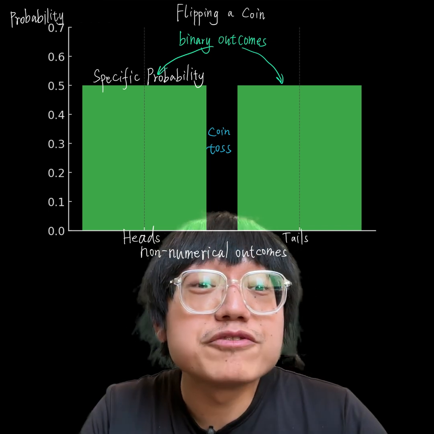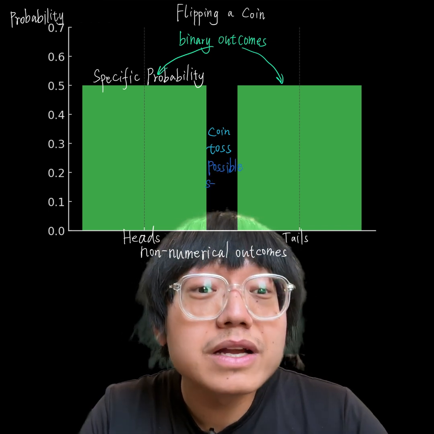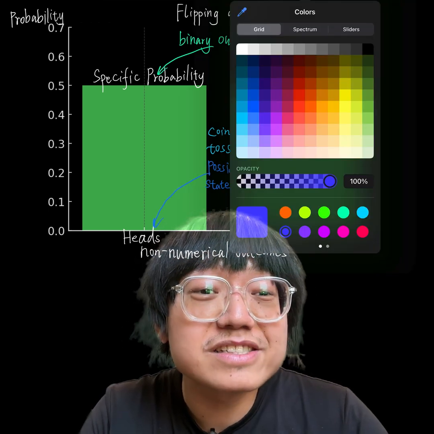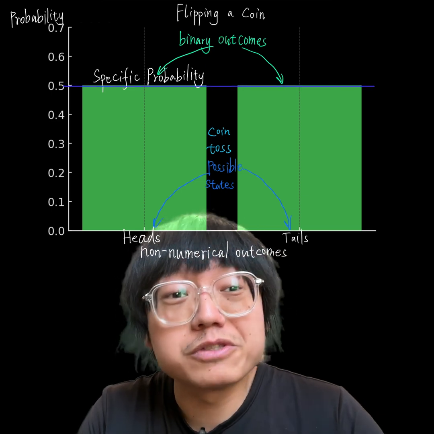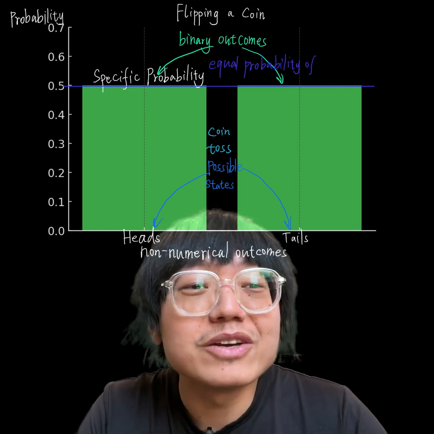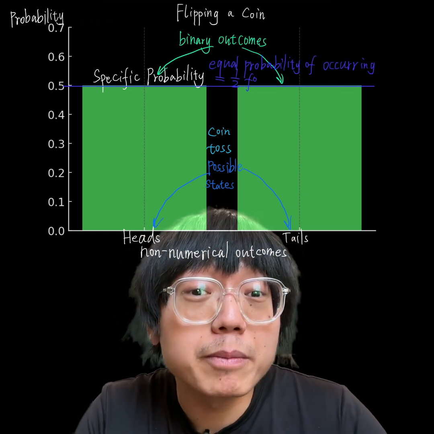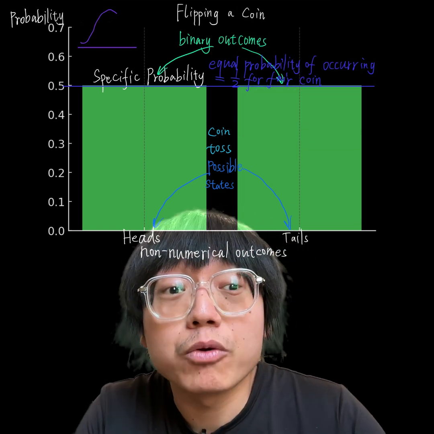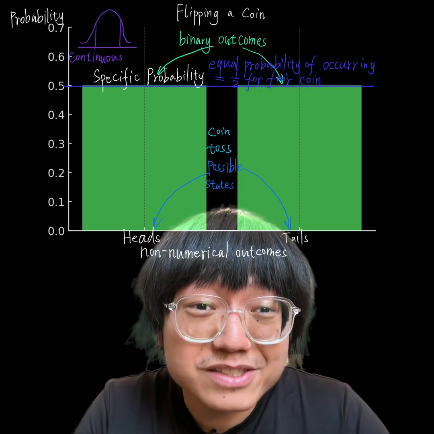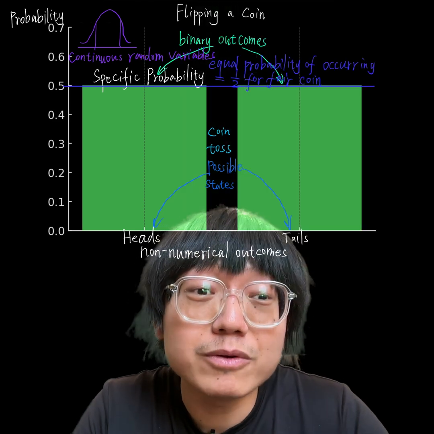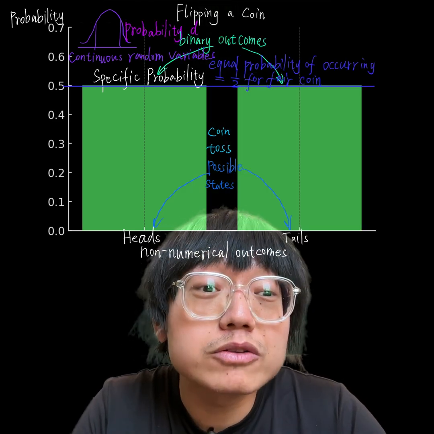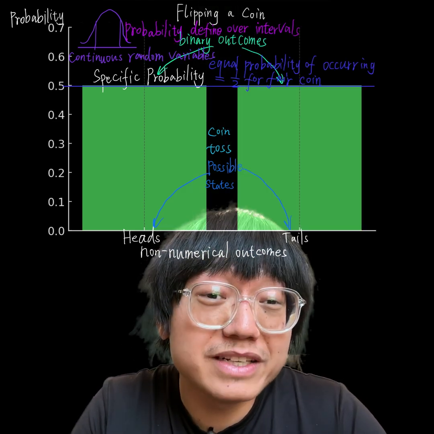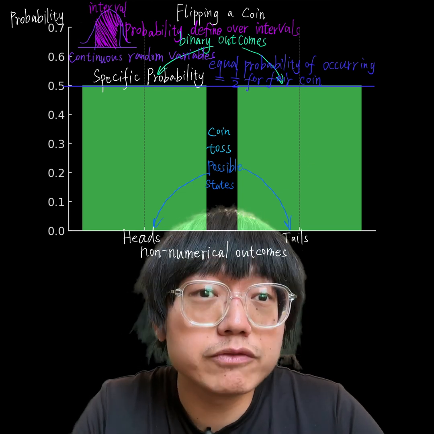In this case, the outcomes are non-numerical and consist of two possible states, heads and tails. Each outcome has an equal probability of occurring, typically 1/2 for a fair coin. This contrasts with continuous random variables, which always have numerical outcomes and whose probabilities are defined over intervals.